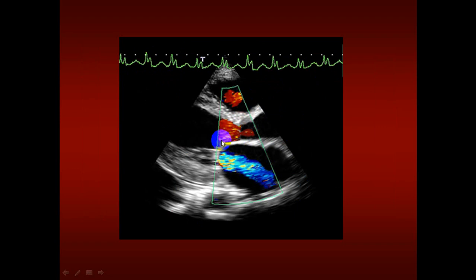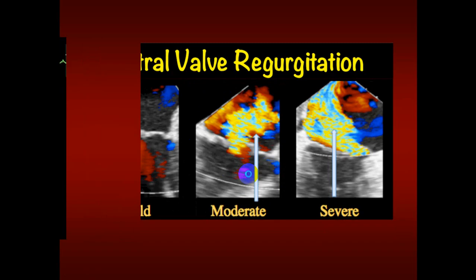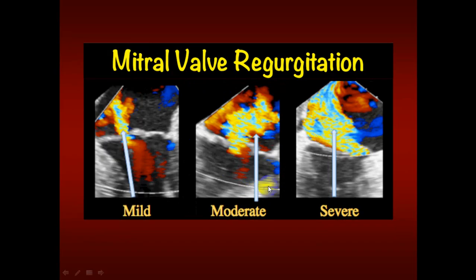Look, during systole, blood is ejected from the left ventricle into the aorta, while the regurgitant volume also appears. When blood is directed toward the probe it looks red; when directed away from the probe it looks blue or sometimes orange. So this is a regurgitant volume really filling the left atrium. This picture is a severe type of mitral regurgitation.